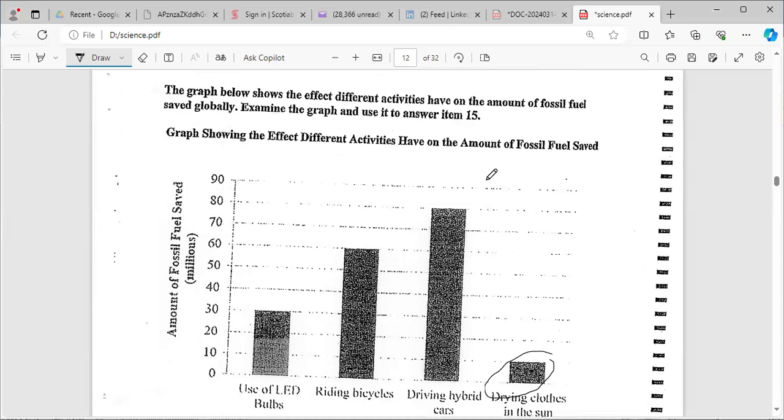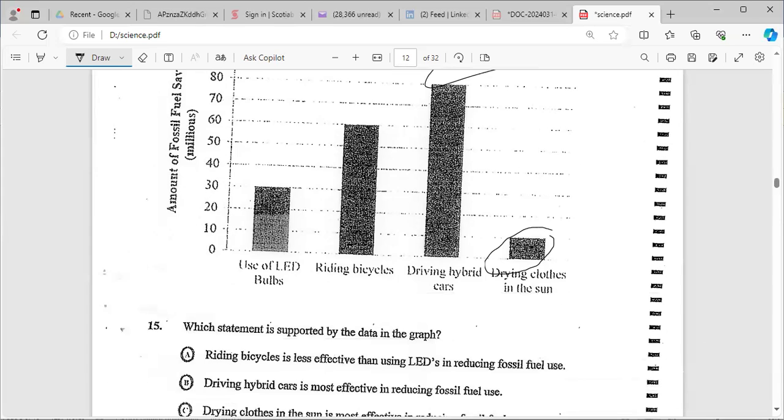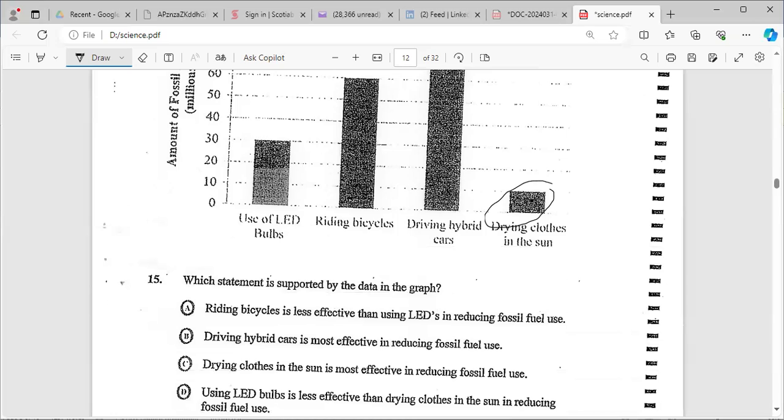So it's always about saved. So this saves the most. While C says drying clothes in the sun is the most effective in reducing fossil fuel use. I would say C.